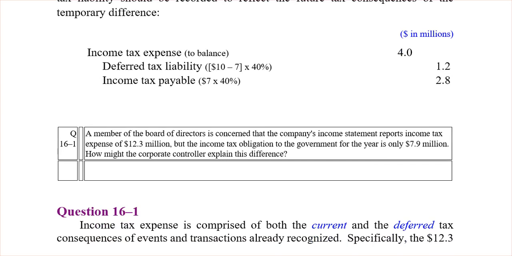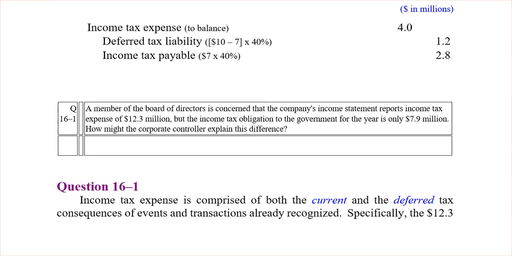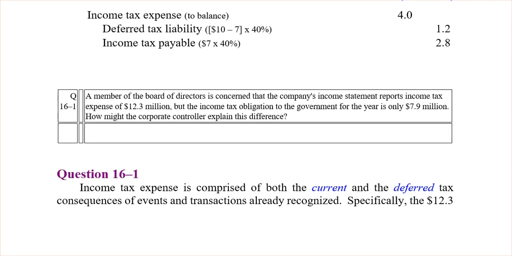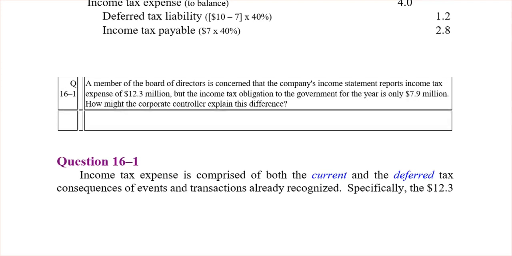If he took Intermediate 2, he would know that there are tax consequences that are different due to timing, which create these deferred tax liabilities and deferred tax assets. So in that year, yes, it's possible that the difference could be showing up in a new item, but it also could be that previous years' items that are causing temporary differences are reversing as well.